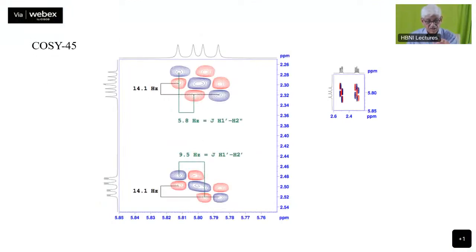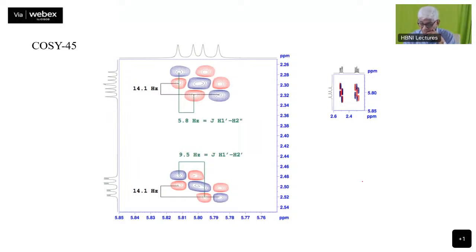So here you see how to measure the coupling constants is indicated. In a COSY 45 experiment, we have seen one particular cross peak, 2 cross peaks with regard to one particular sugar H1'. This is the H1'-H2'' peak, and this is the H1'-H2' peak. And what are the coupling constants there?